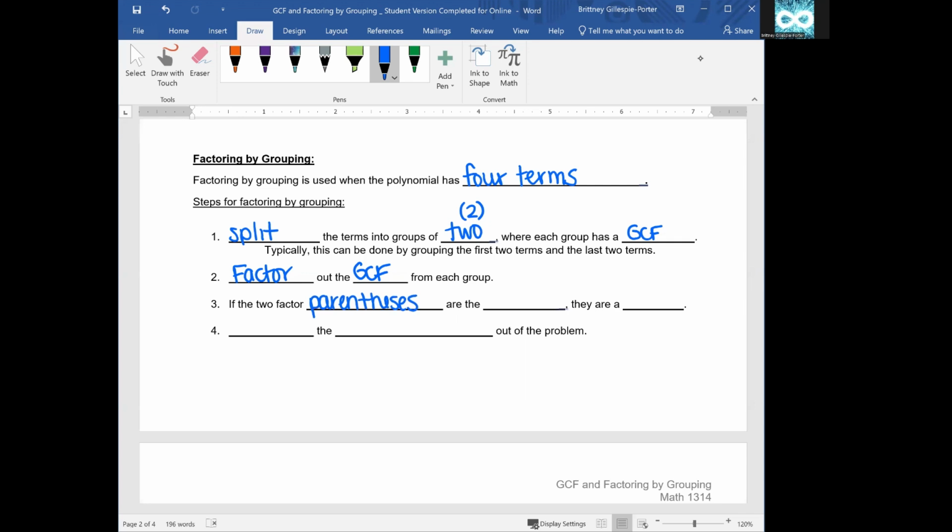If those parentheses are the same on either side, they wind up being a GCF. It's a GCF within a GCF. It's like the inception of factoring. And then we need to factor out the GCF parentheses.